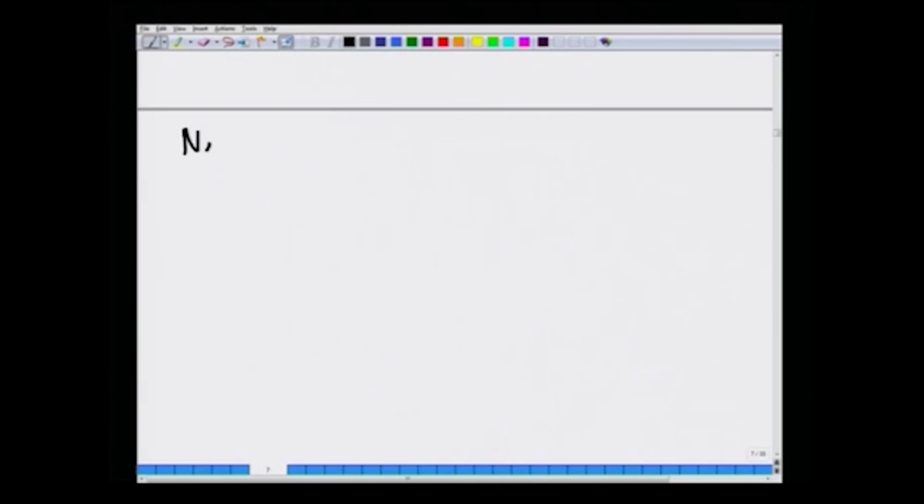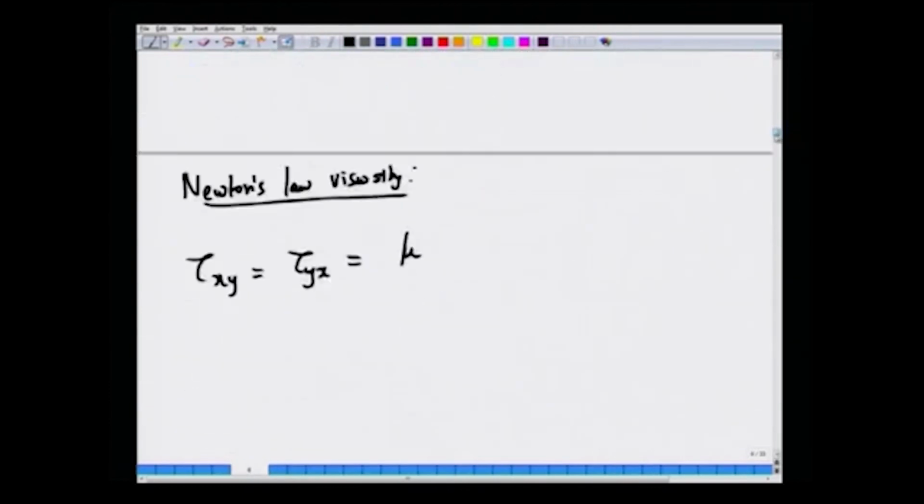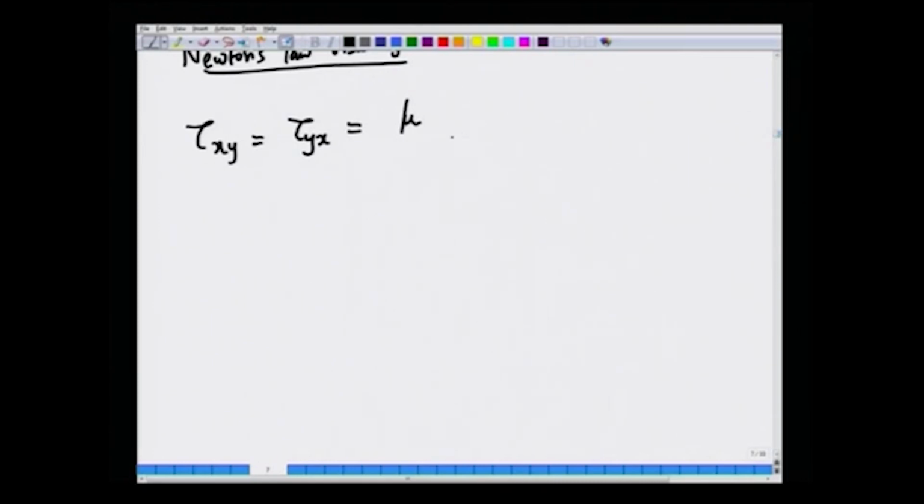So, Newton's law of viscosity for the most general case, where the flow can be in all three directions: tau x y. Remember, the stress tensor is symmetric, from angular momentum balance. Mu is the symbol normally used for viscosity.